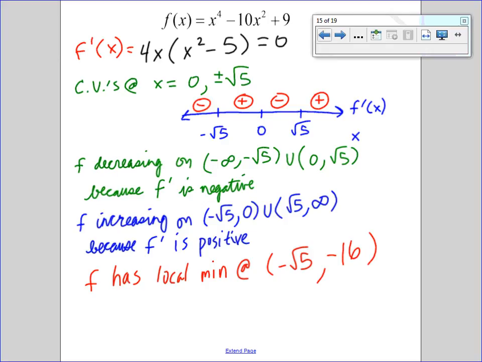So I have a local min at negative root 5, negative 16. We'll get the same thing when we do positive root 5, because it's to the 4th power and to the 2nd power.